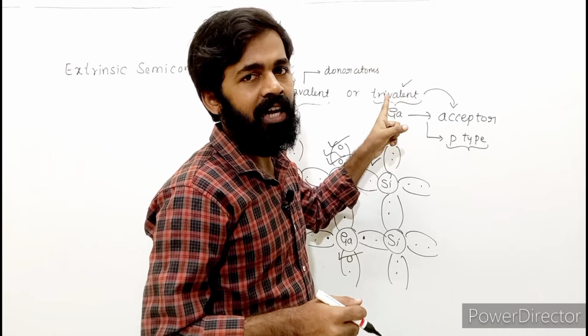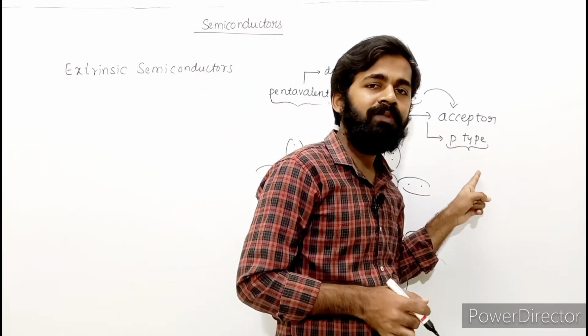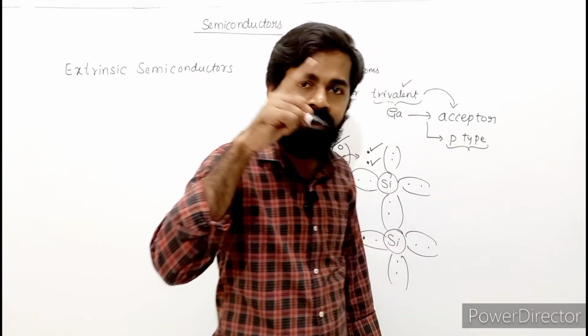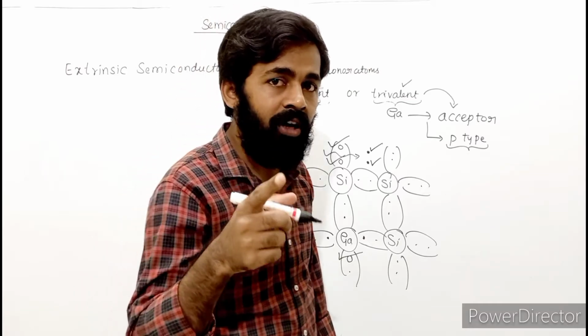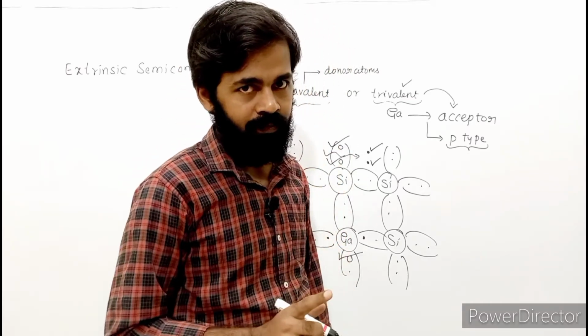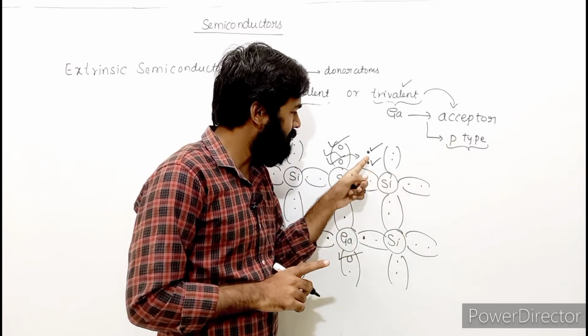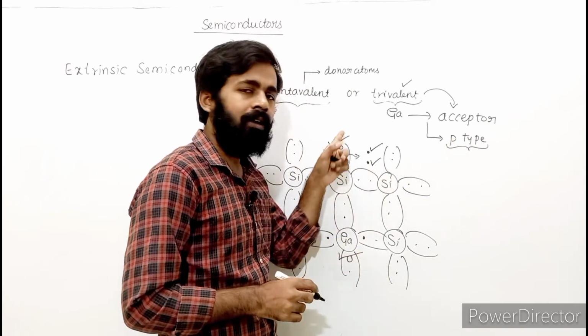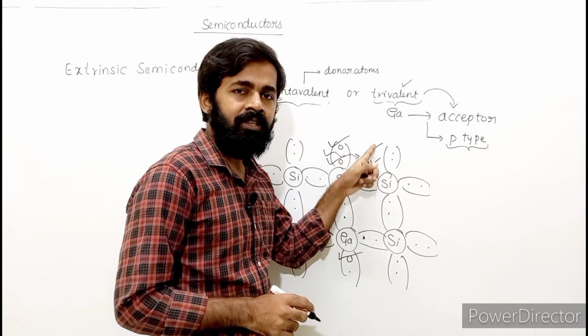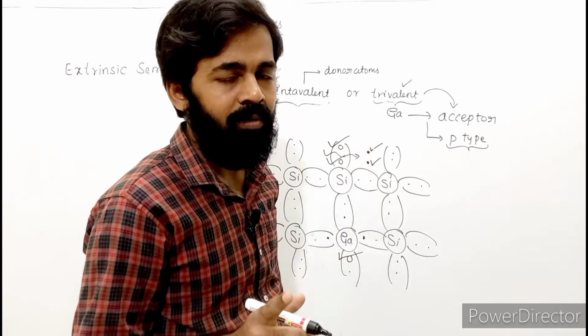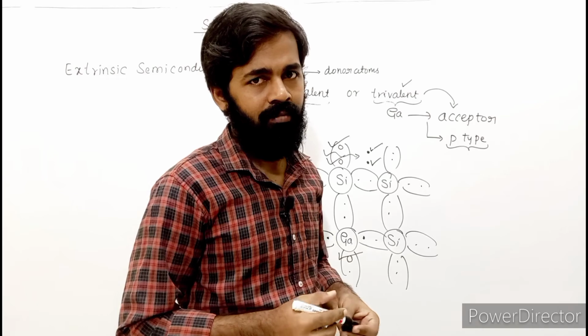In the case of N-type, by doping with pentavalent impurities. Here in the case of P-type, holes are majority carriers because they are more in number, and free electrons are minority carriers because they are less in number.